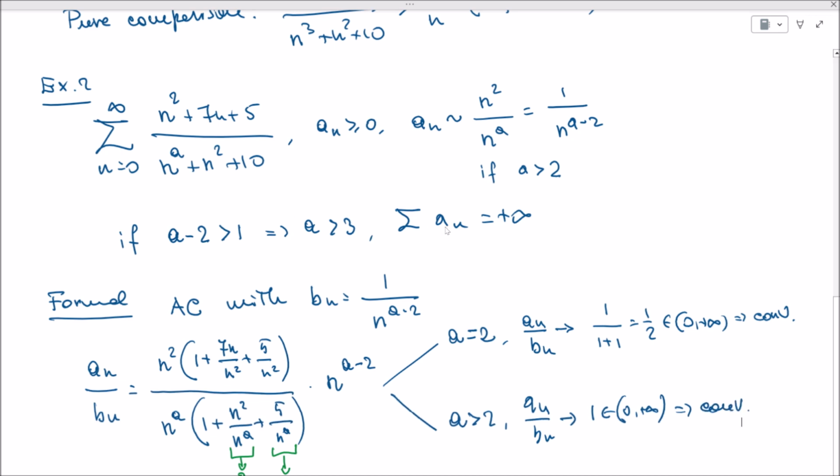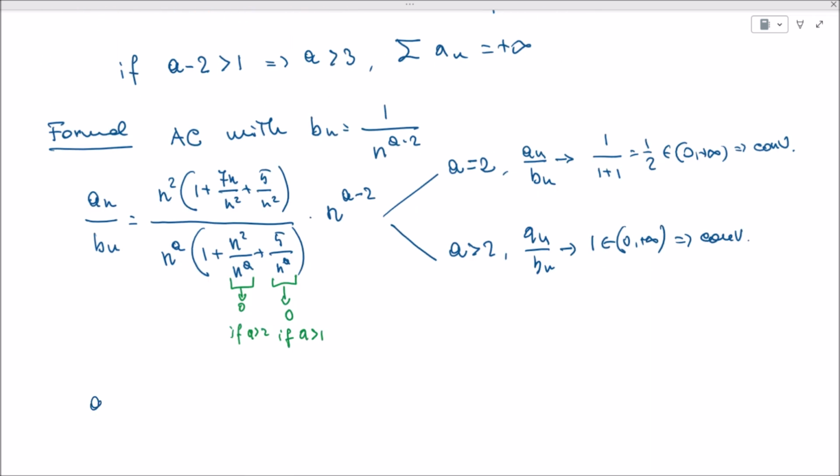Now, what happens if a is less than 2? Well, if a is less than 2, let's consider once again an. An is n squared plus 7n plus 5 divided by n to the a plus 7n plus 5.